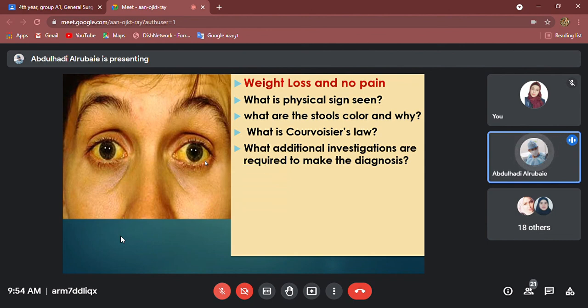Then CT scan and MRI, magnetic resonance imaging, are very important. Sometimes in some cases we even need to take fine needle aspiration from the mass or from the liver.